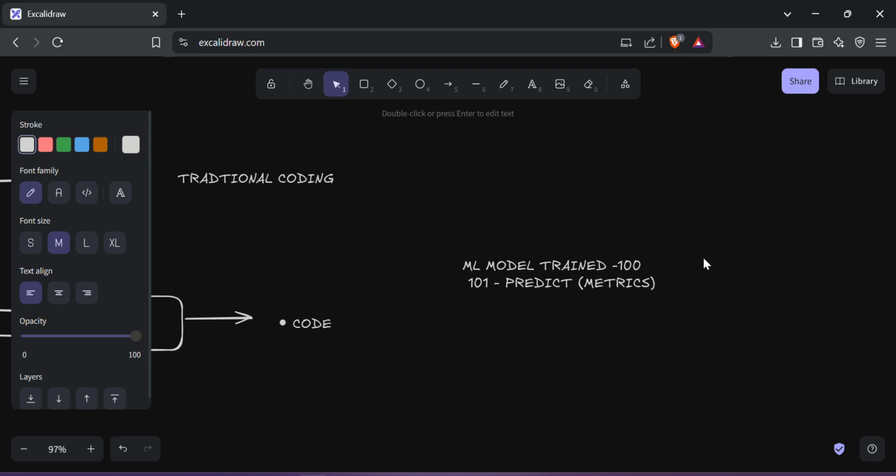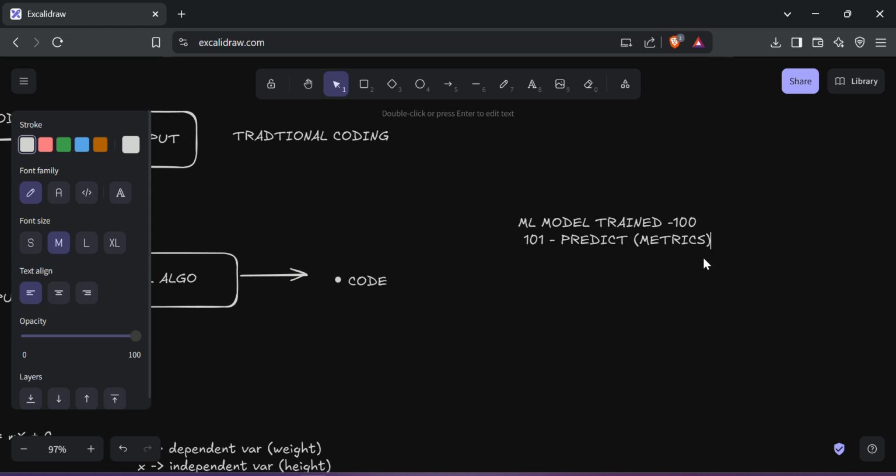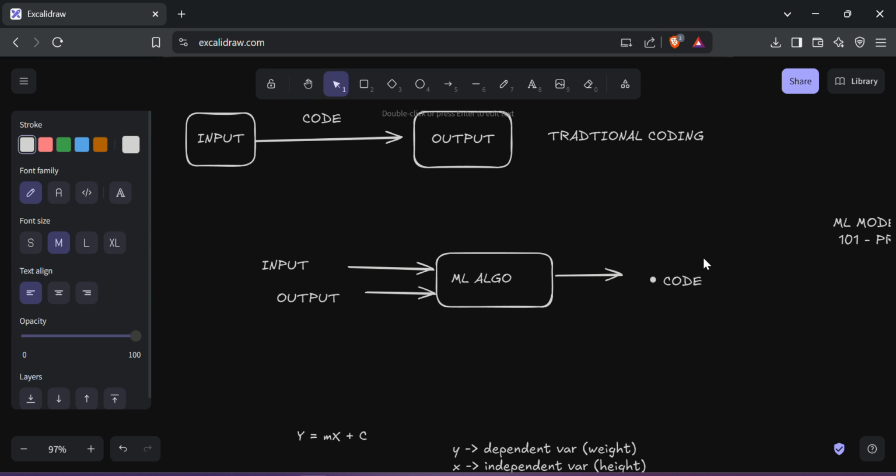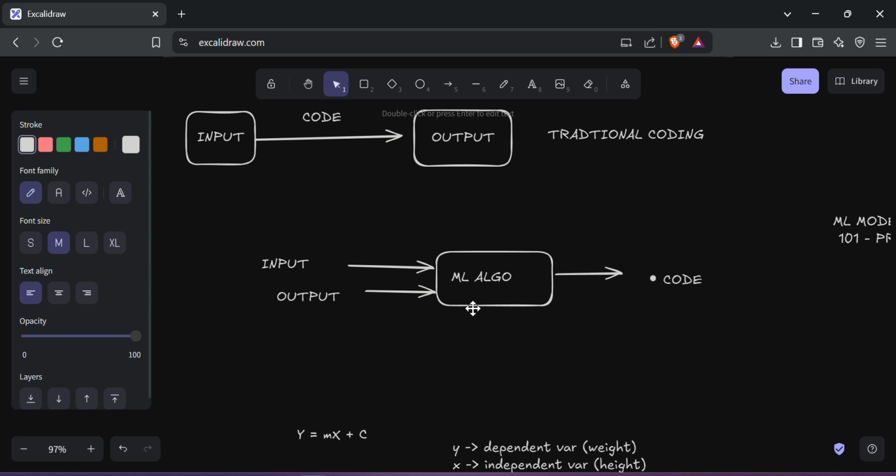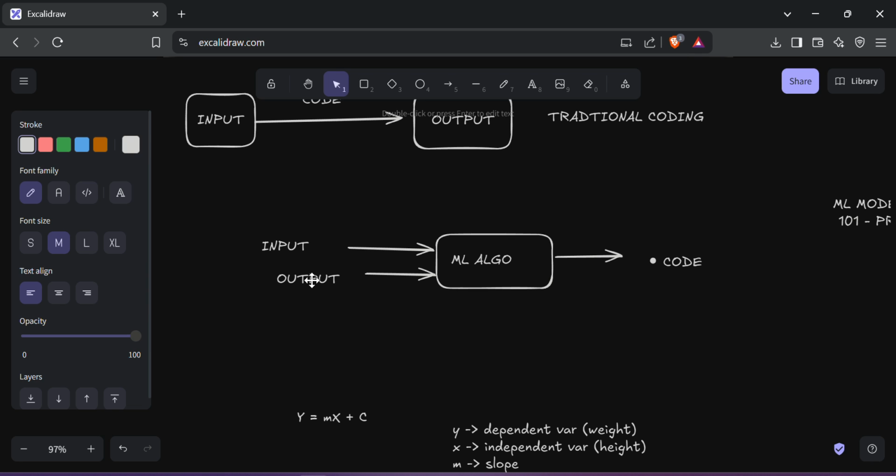If the model is very good, then the prediction will be super. So you give input and output to the ML model, and it trains: for this input, the output is this. After some epochs, meaning the number of times we train on the data, it will generalize the input and output behavior, see the patterns in it, and act as code.